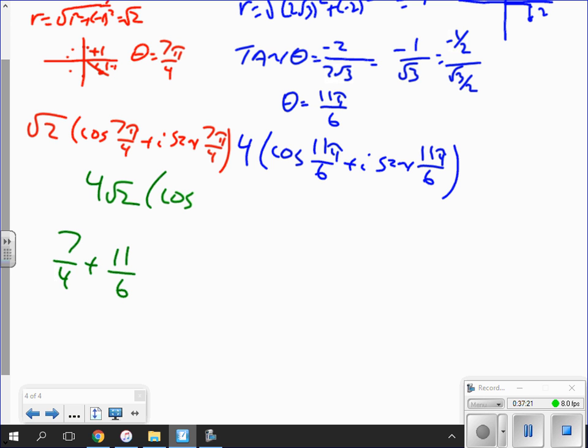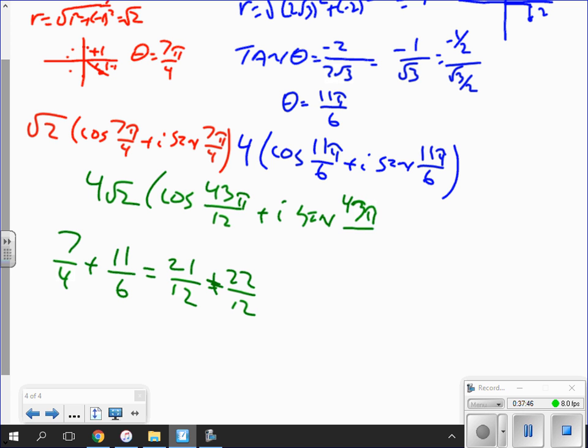Multiply the first by 3: 21 over 12. Multiply the second by 2: 22 over 12. That means I have 43 pi over 12. Oh, dear Lord. Plus i sine of 43 pi over 12.